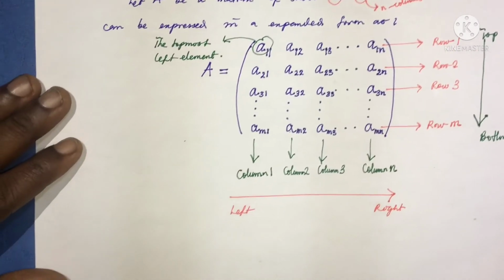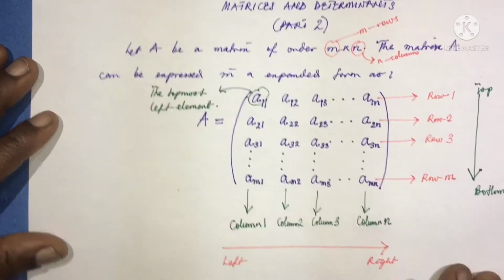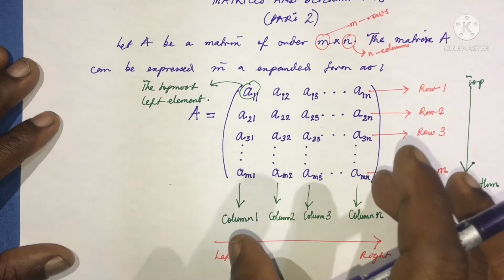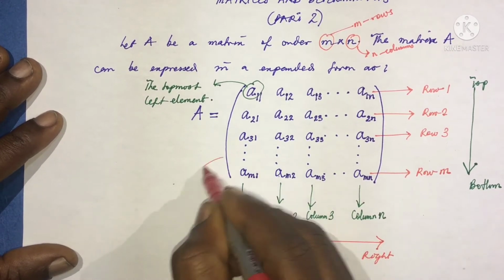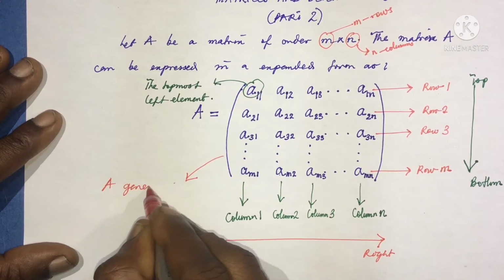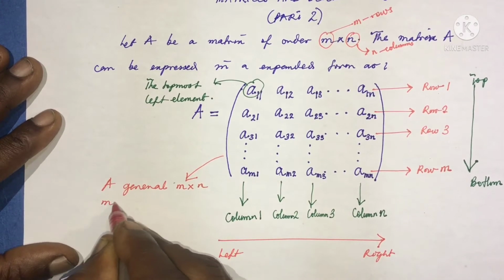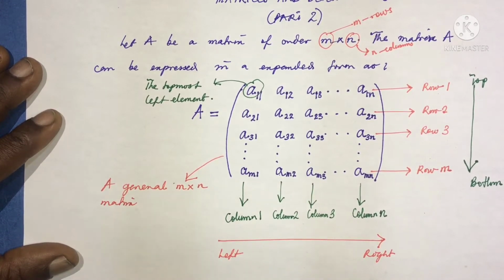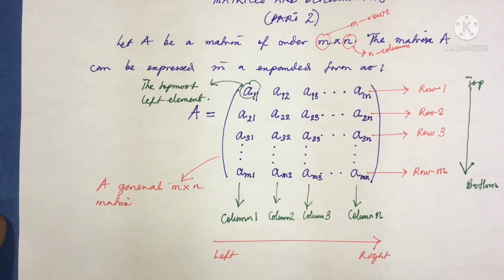Now, you could choose to write a matrix also in another way. Even as this matrix is in its expanded form, you can call this matrix a general m by n matrix. Okay? You can call it a general m by n matrix.